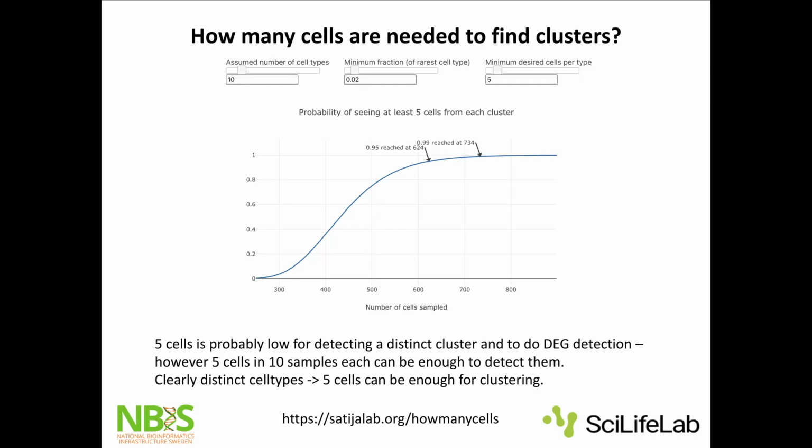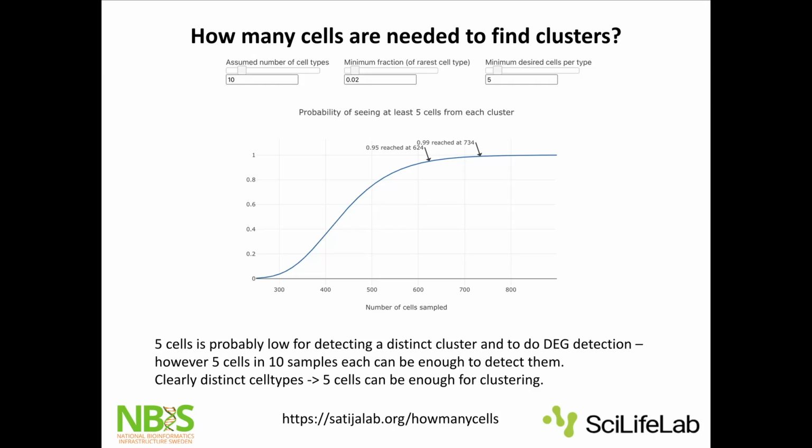And 5 cells, I would say, is way too little to actually form its own cluster with these methods that we're using. So there needs to be a significant signal of this group of cells for them to stand out and cluster on their own. So 5 cells after integration, that might work, that all these 5 cells in 10 samples each would form its own cluster.